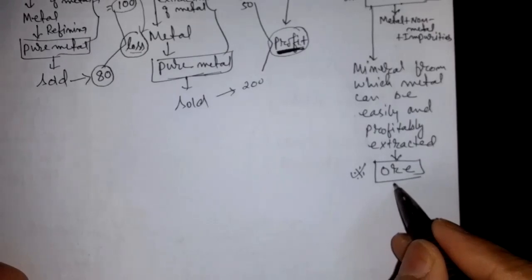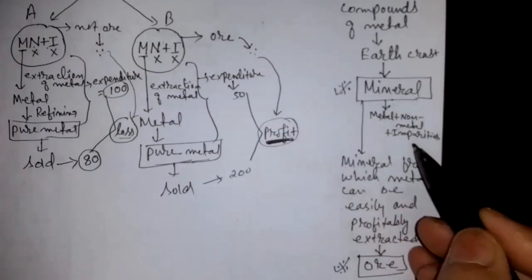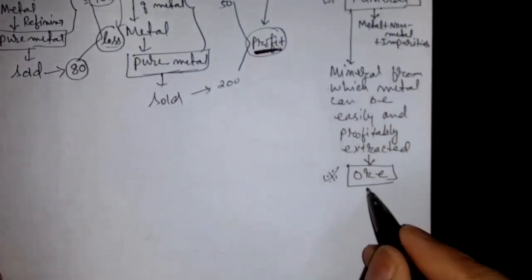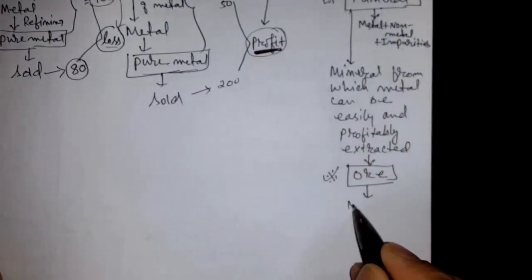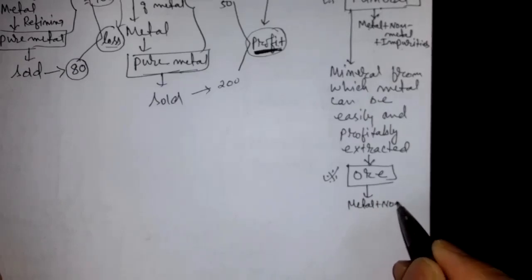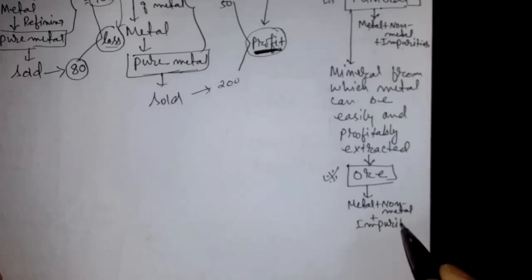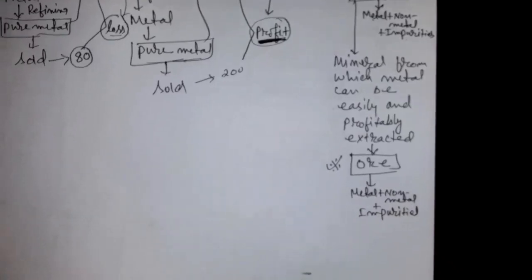Now in the ore, what will be there? Same thing, in the ore there will be metal, there will be non-metal, and there will be impurities. Now let us focus on the impurities.